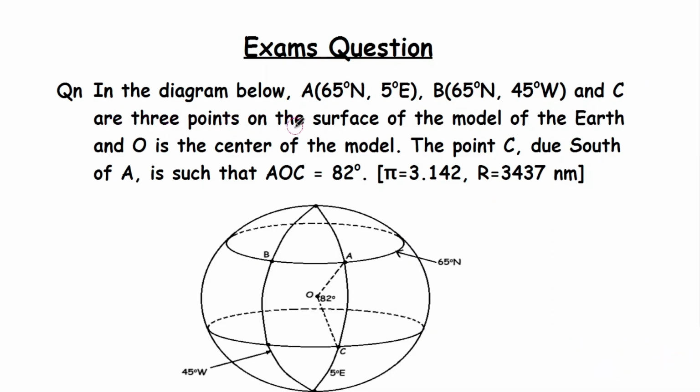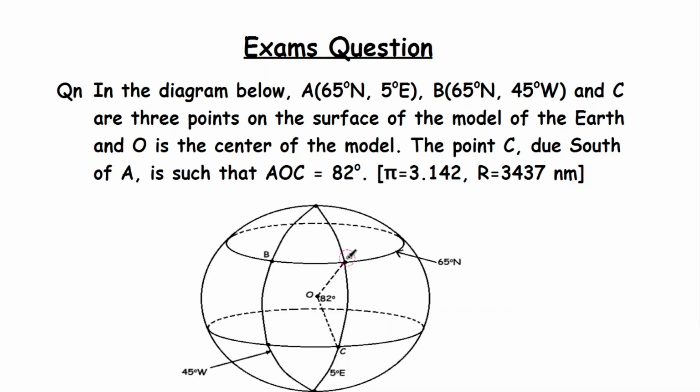These are 3 points on the surface of the model of the Earth, and O is the center of the model. So this is O as the center of this model. The point C is due south of A such that angle AOC is 82 degrees. So point C is due south of point A, and we have the center here.